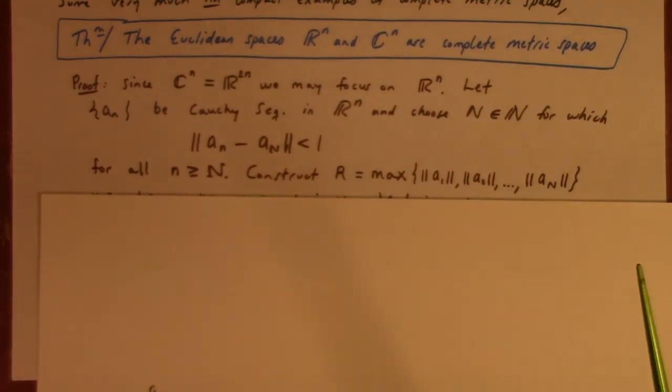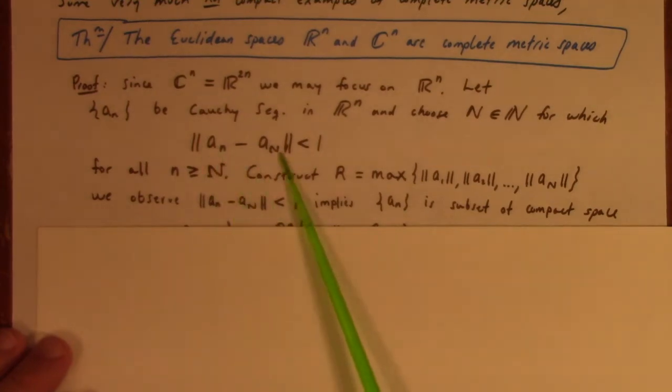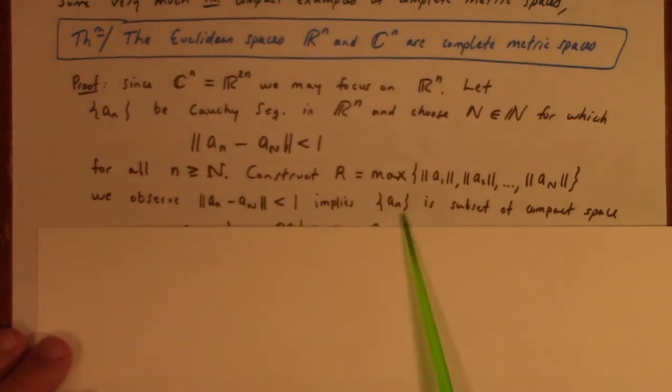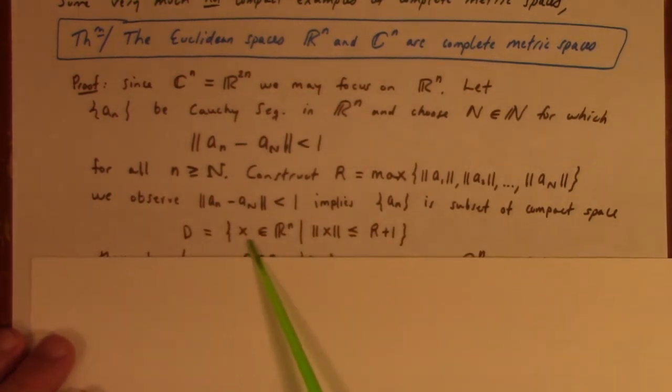norms of the elements of the sequence all the way up to N. And then he's like, okay, so this being less than 1 implies, in fact, that the range of the sequence is a subset of the compact space, like this.